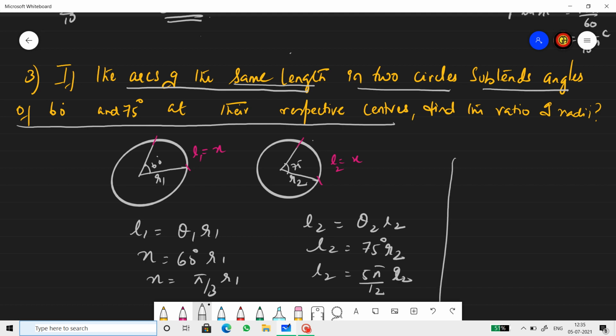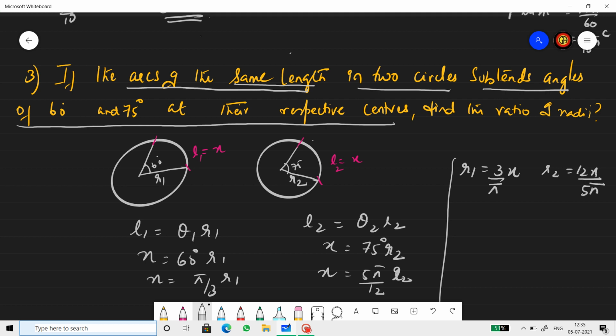L2 is X as well. So R1 equals 3x by pi, and R2 equals 12x by 5 pi.